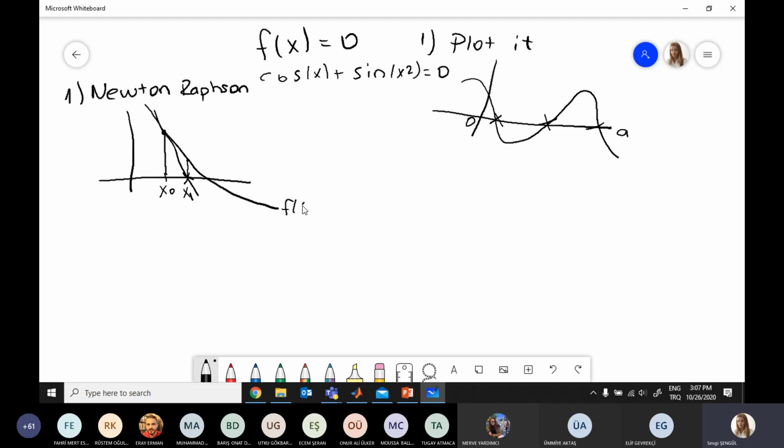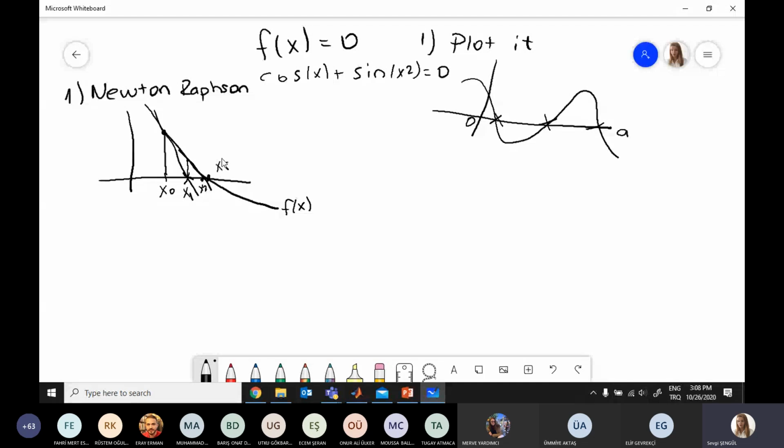This is our f of x, and this is our real root, x real. I am trying to find what that value is. By starting with x0, I defined a linear line from there. And from x1, I'm defining another linear line. Let's say this is x2.